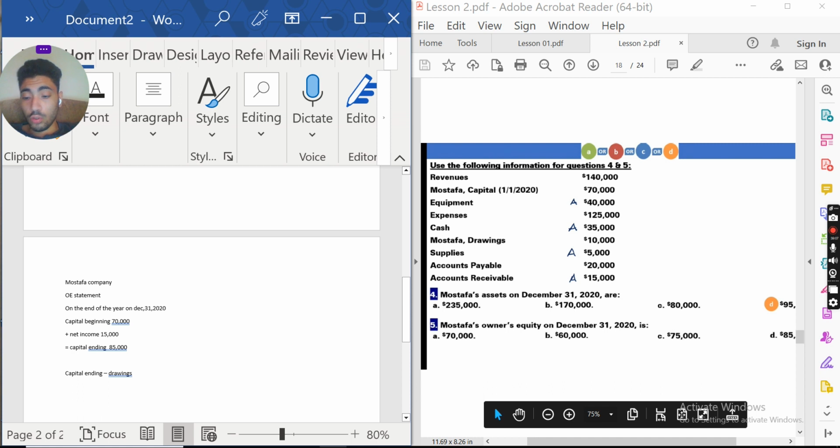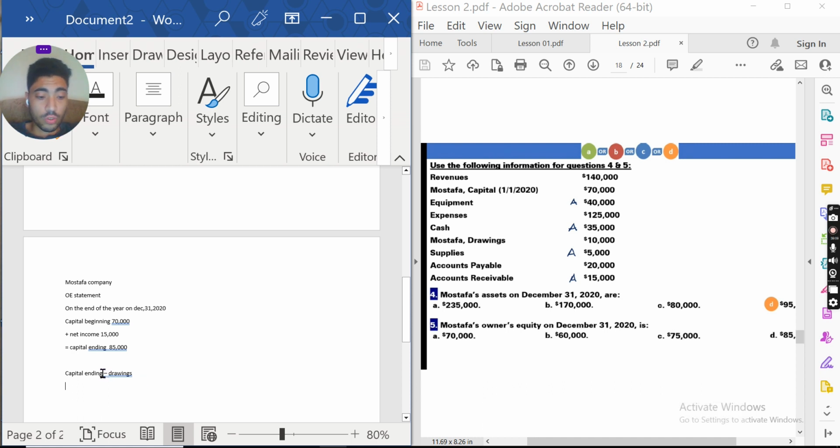We have another way to solve this, another equation. That mouse is going to kill me. It's moving alone. Okay, we have another equation to help you solve this.